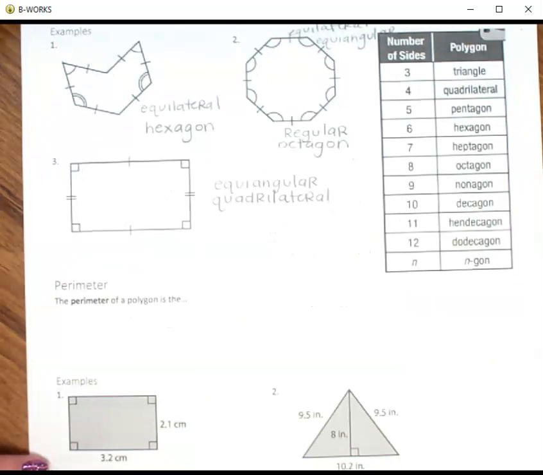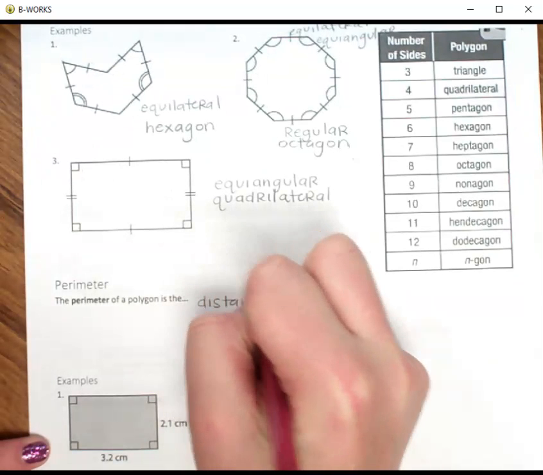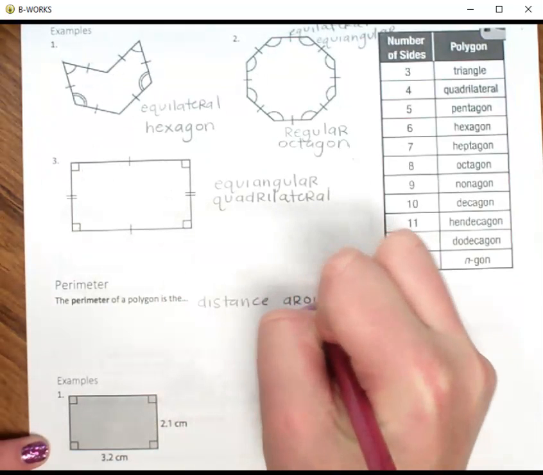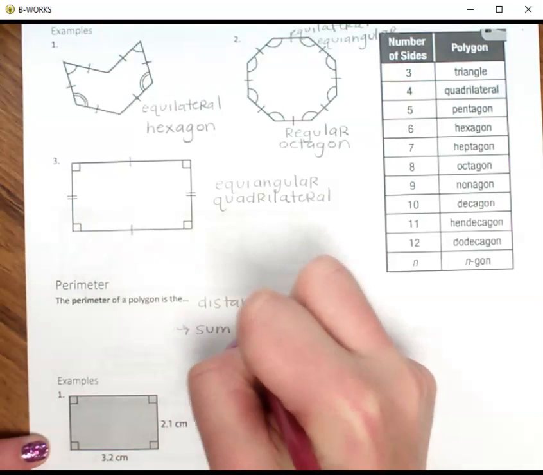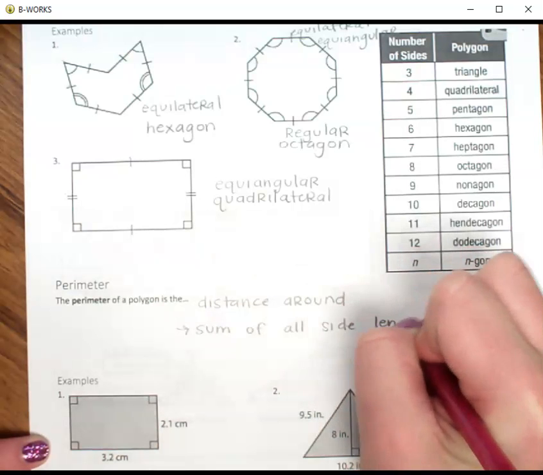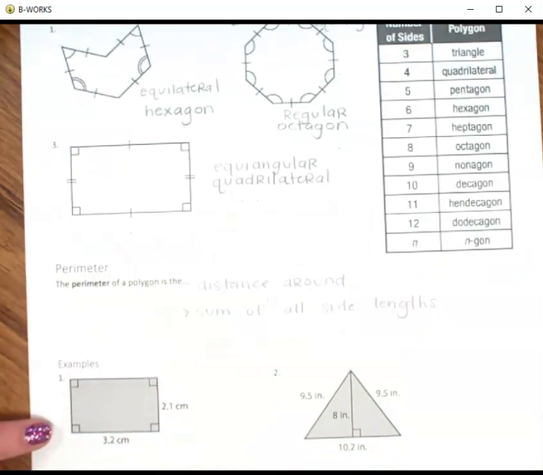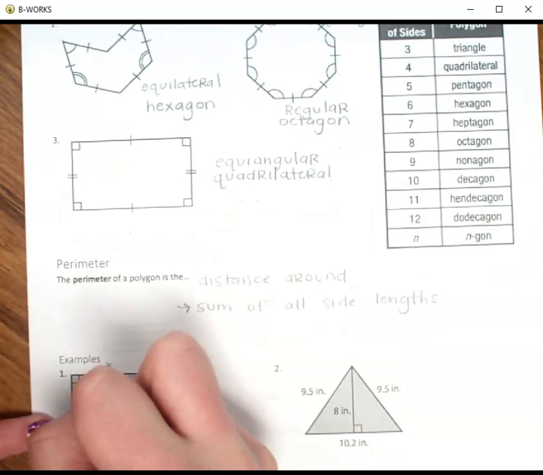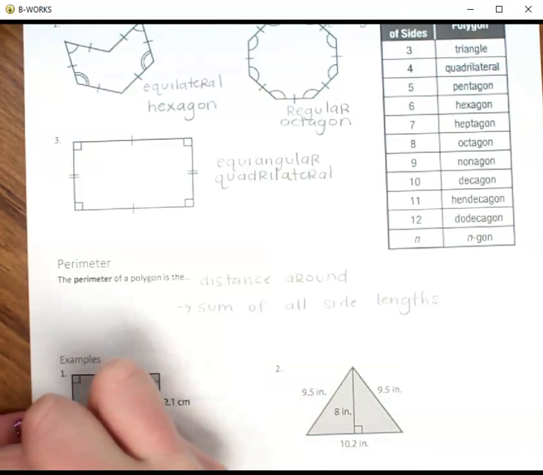Last thing, the perimeter of a polygon is the distance around. Officially it is the sum of all side lengths. So first example here, I'm going to go ahead and say that side there is 3.2 and here is 2.1.